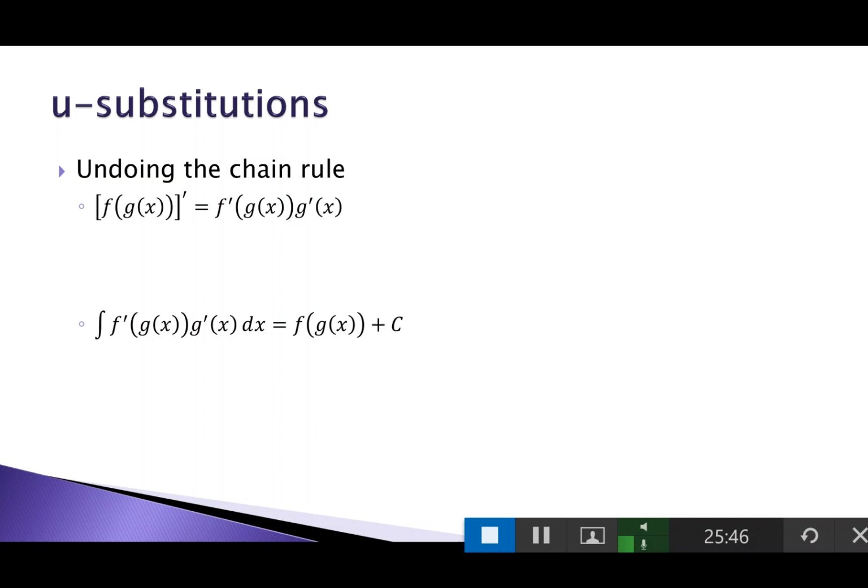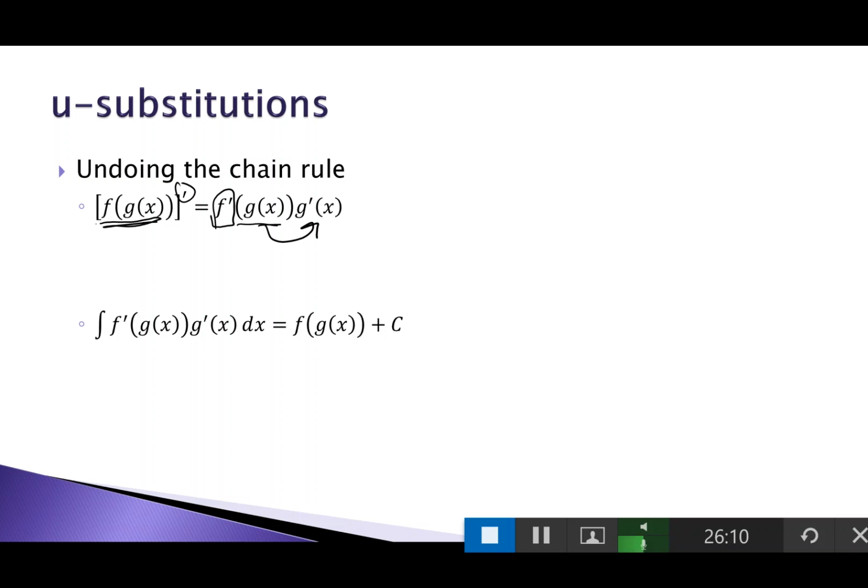We can also undo the chain rule by doing a u substitution. Let's just review from Calc 1. The idea is, for the chain rule, if you have a composition and then take the derivative, you take the derivative of the outside, evaluated at the inside, and then multiply by the derivative of the inside.